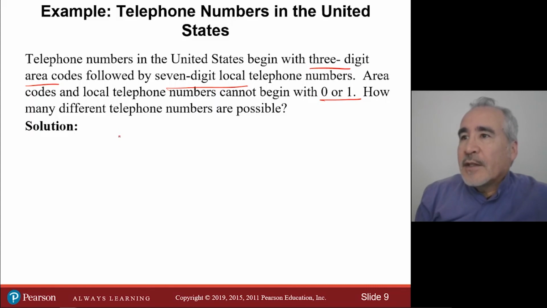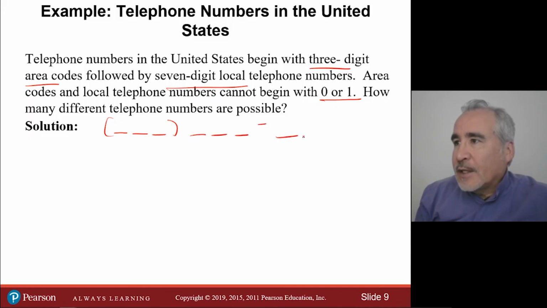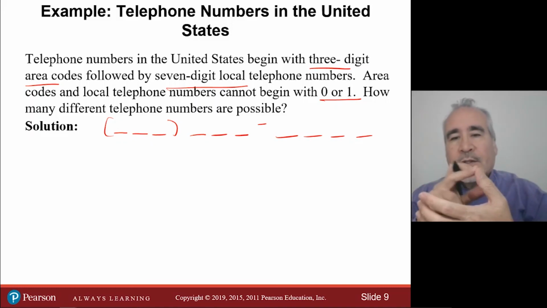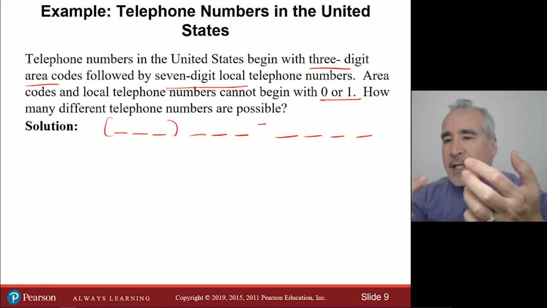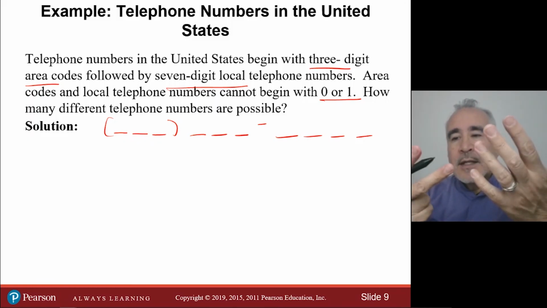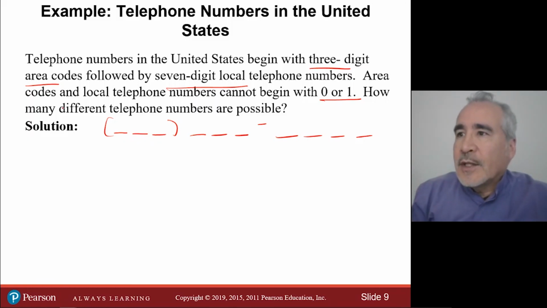So again, what we've got is an area code that's 123, and then we've got 7 digits, 123-1234. The first number cannot include 0 or 1, so how many are there? There's 2, 3, 4, 5, 6, 7, 8, 9. So that's 8 different choices for the first digit.